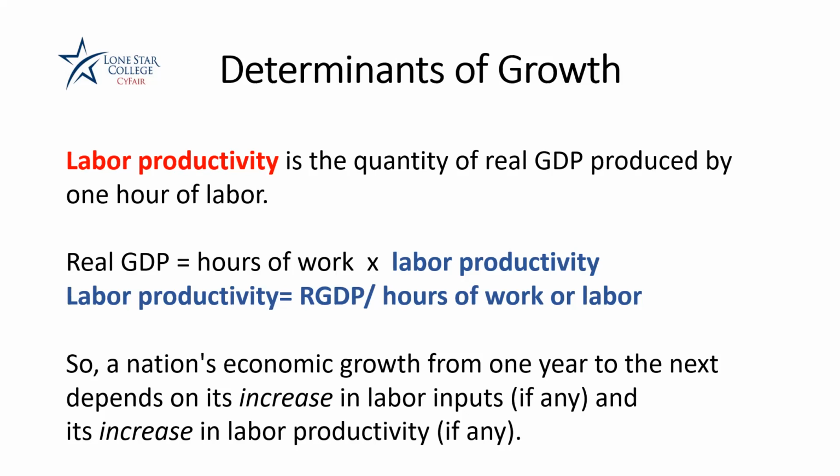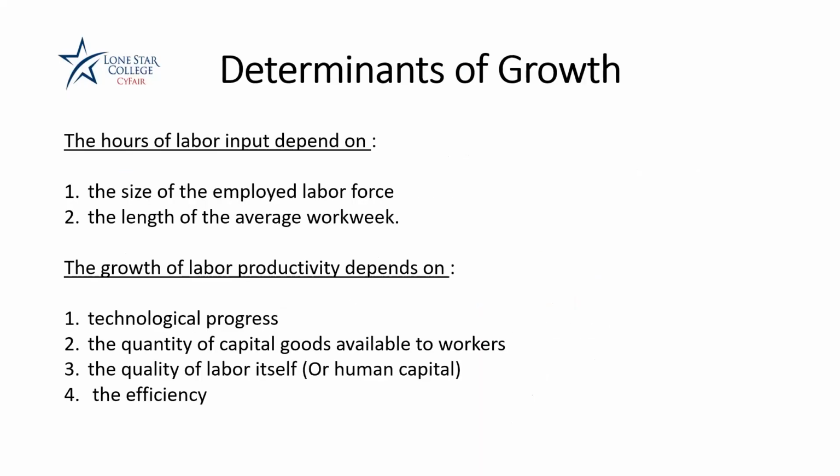You can use the traditional method of calculating real GDP as we did in chapter 7, or you can use the labor productivity to calculate real GDP. If you multiply the labor productivity by the hours of work, you can get your real GDP, okay? That's the formula for real GDP and labor productivity. And that's just an example.